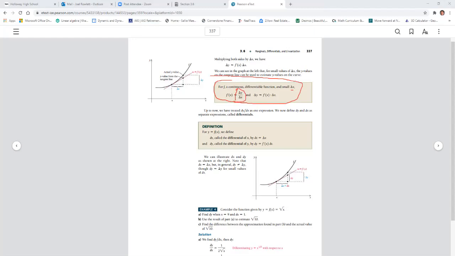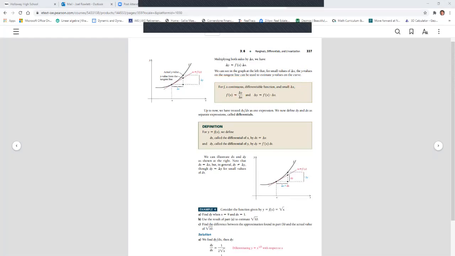Some of you may remember from high school the teacher saying rise over run. That quotient, that fraction, is approximately equal to the derivative if you have a very small change in x. If you have a large change in x, you will definitely lose accuracy.